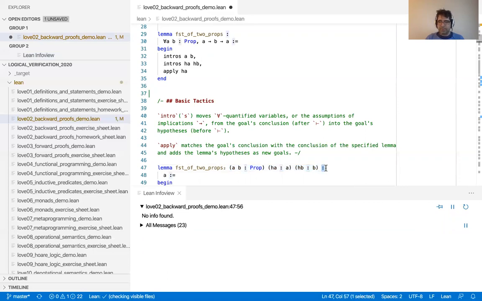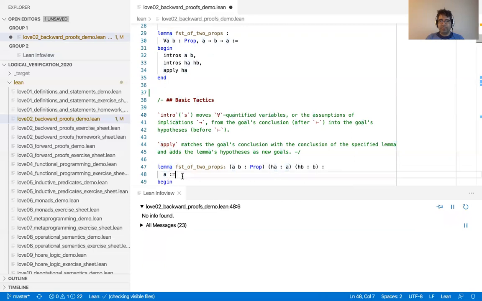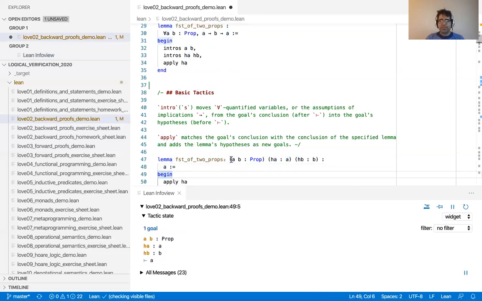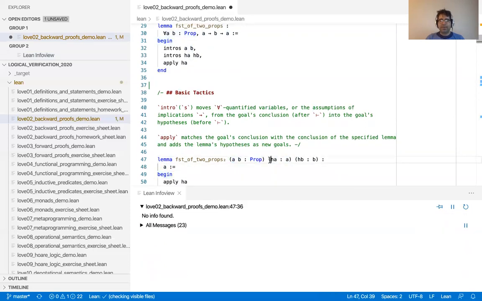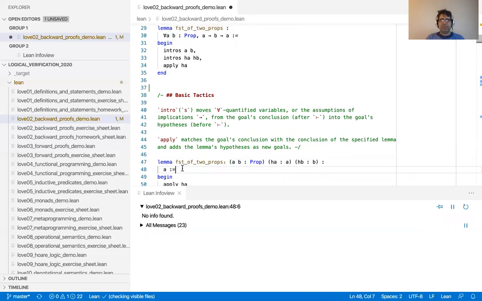Before the colon, that's what parameter means. So you declare your A and your B, your HA, your HB in front of a colon, your conclusion is the A, right? So you're saying basically for all A and B, under assumption A and assumption B, you have A.